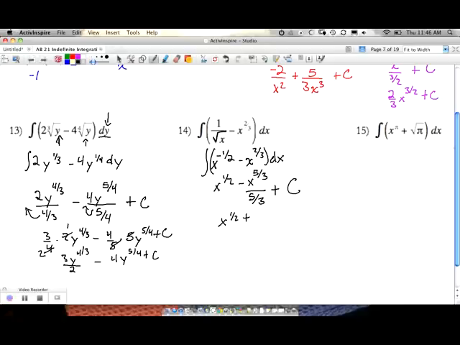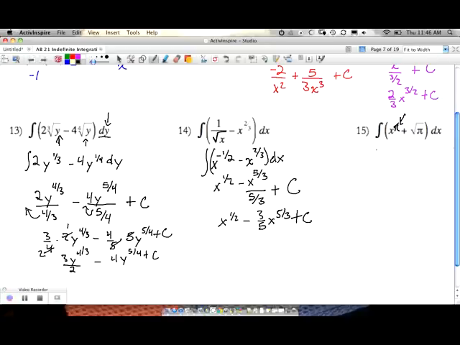For the last one, I know it's a little bit shaky, kind of hard to read here, but it does say x to the pi. Pi is a number, just like all the others. It's just a number that we don't know how to write out without approximating. So let's treat it like a number.